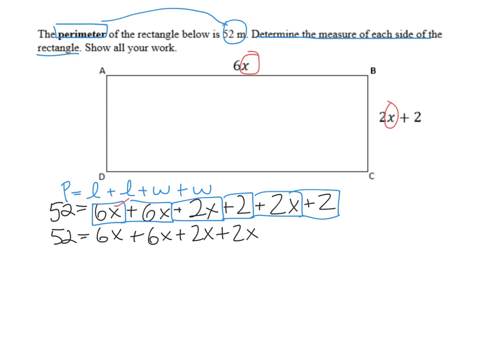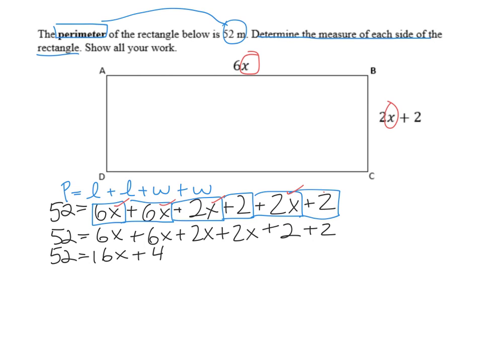So I'm going to check off the ones I've already done, and what's left for me to do is plus 2 plus 2. Now that I have my like terms together, I can combine them. So 6x plus 6x plus 2x plus 2x gives me the answer 16x. And 2 plus 2 equals 4.